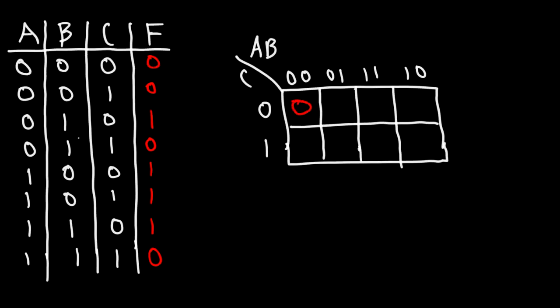Now for the next one, A, B is still 0, which means we're dealing with this column, and C is 1, so we're dealing with this particular square. The function value for that is still 0.